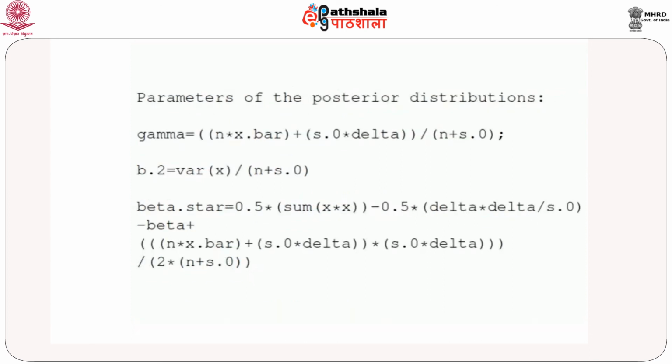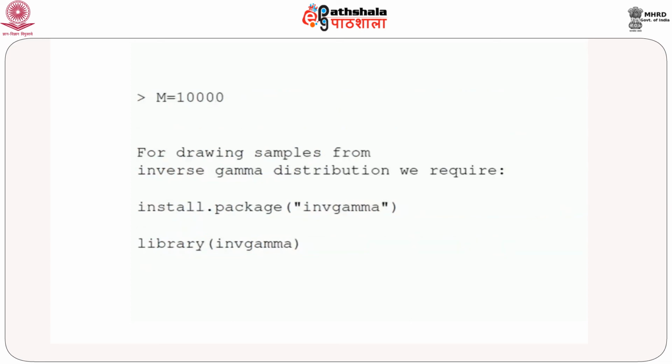From the derivation we saw that the parameters of the posterior distribution are as follows, and we compute them and store them in the R objects gamma, b dot 2 and beta dot star. Next we require to draw samples from the inverse gamma distribution. For this, we need an R package known as invgamma, which can be installed and loaded into the R environment using the following commands.